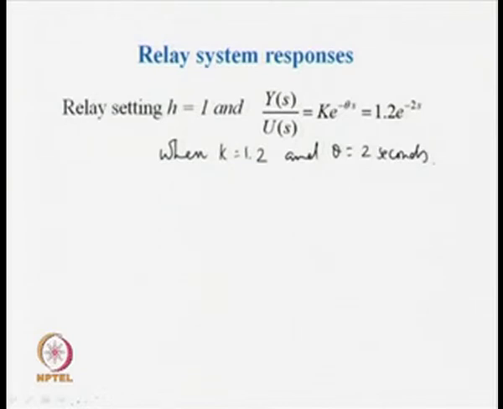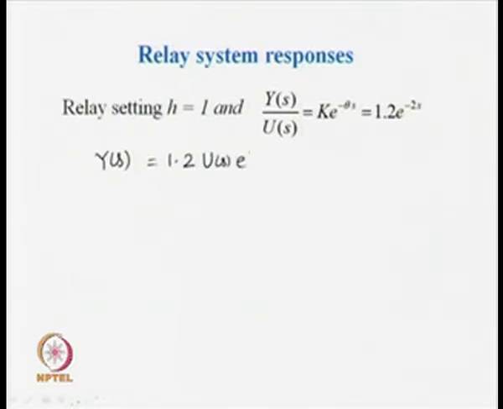Now, I can write the expression using cross multiplication as Y(s) equal to 1.2 times U(s) e^(-2s). Why am I targeting specific values?